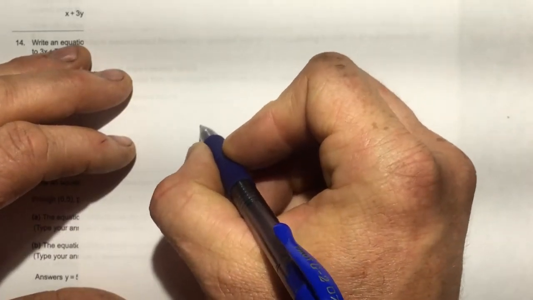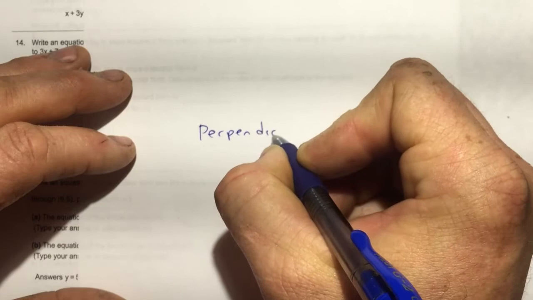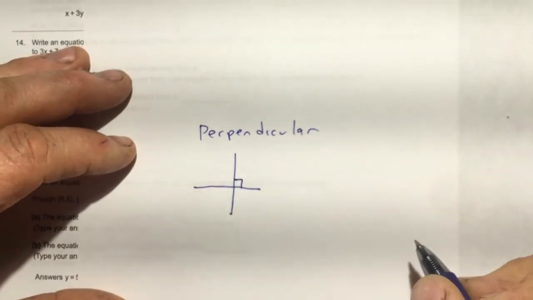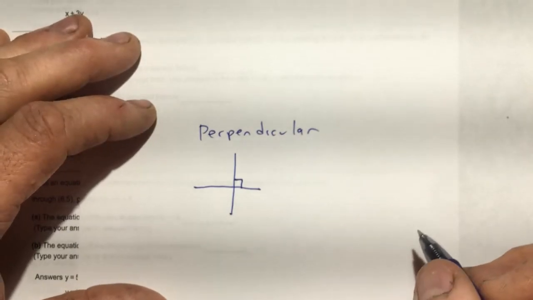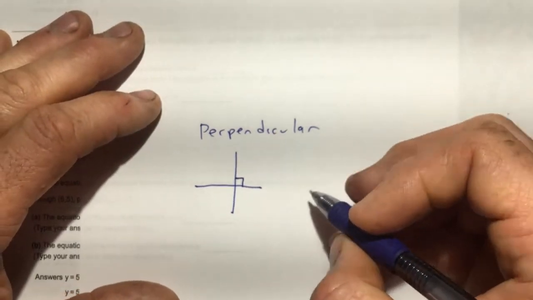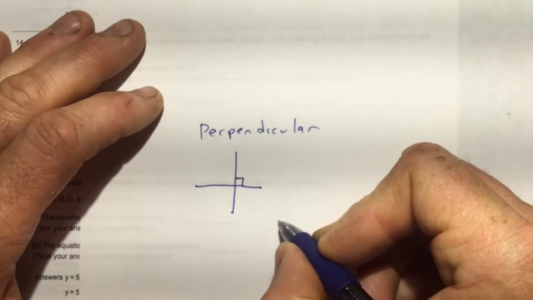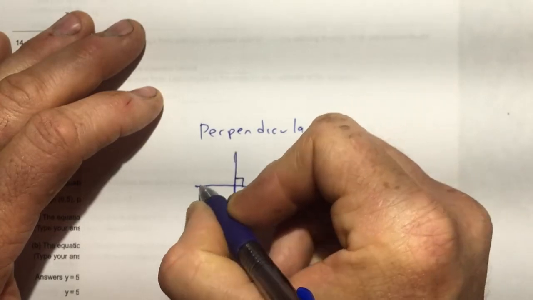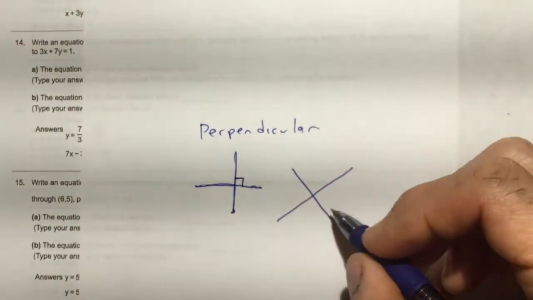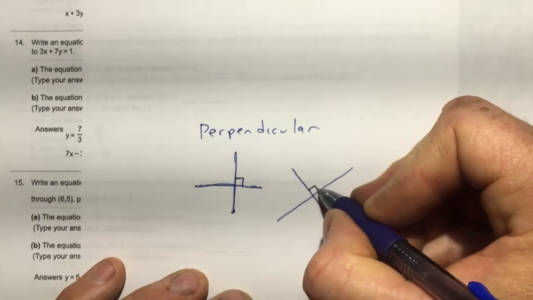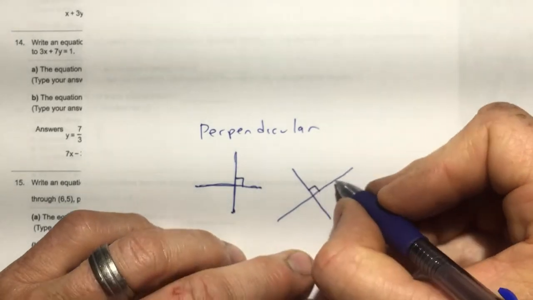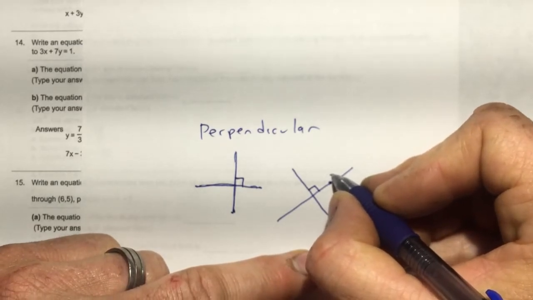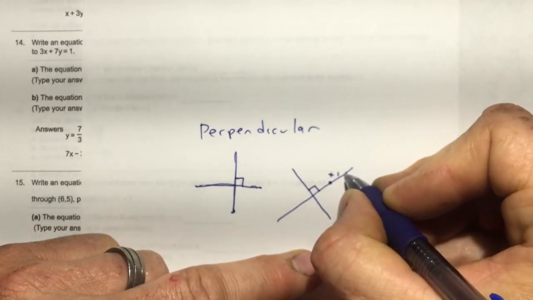Perpendicular is this right here when you have two lines that cross and form right angles. Okay. Now let me see if I could draw one at an angle so you can see it a little bit differently than that. This is undefined and this is 0. Now right here, these are perpendicular. This one here goes up 1 and it goes over 2.